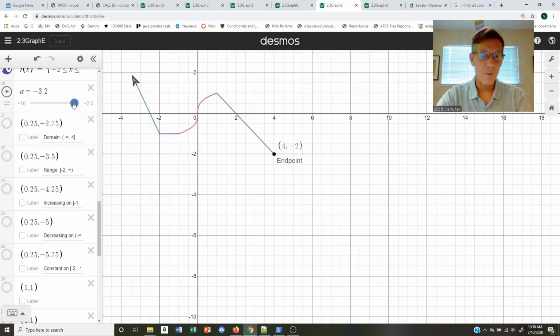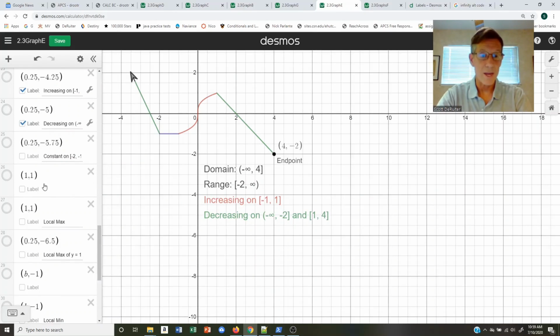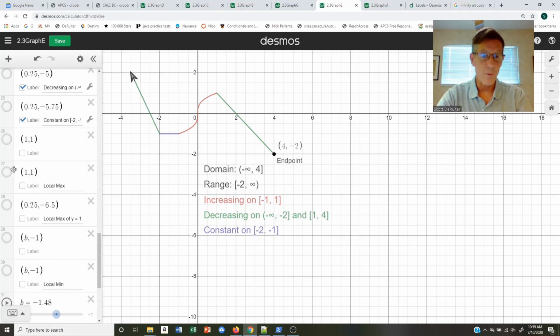Okay, another example. Here, notice that there's an arrow on that left, so it doesn't stop. The graph doesn't stop, and that means our domain is -∞ to 4, and our range is -2 to infinity, because of the arrow. It's increasing where it's red, it's decreasing where it's green, it's constant on that little shelf where it's purple, and we have a local max at 1, 1.